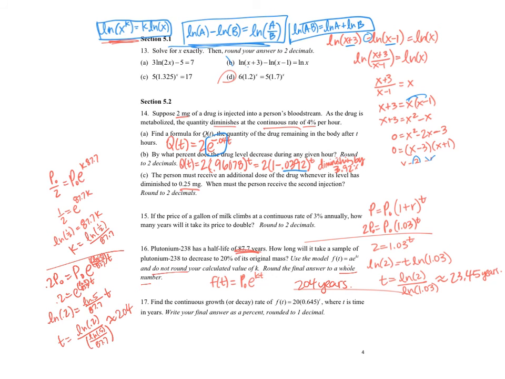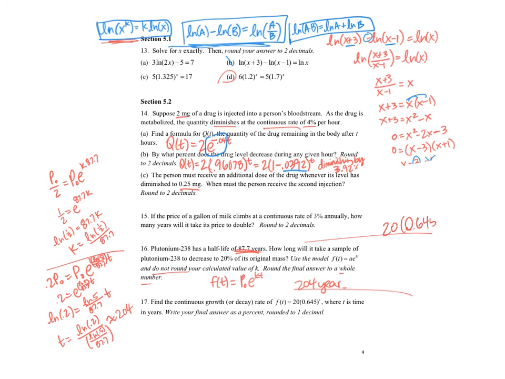Okay. The next one, find the continuous growth or decay rate of that thing, where t is the time in years. So what I have here is something in this form, 20 times 0.645 to the t, and I want to write it this way, 20 e to the kt.